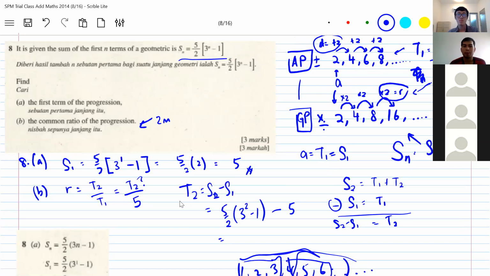So you can do this. 9 minus 1 is 8. 8 divided by 2 is 4. 5 plus 20 minus 5 is equal to 15. T2 is 15. So from here, you know that R is equal to 15 over 5. Therefore, R is equal to 3. I'll give you a minute.